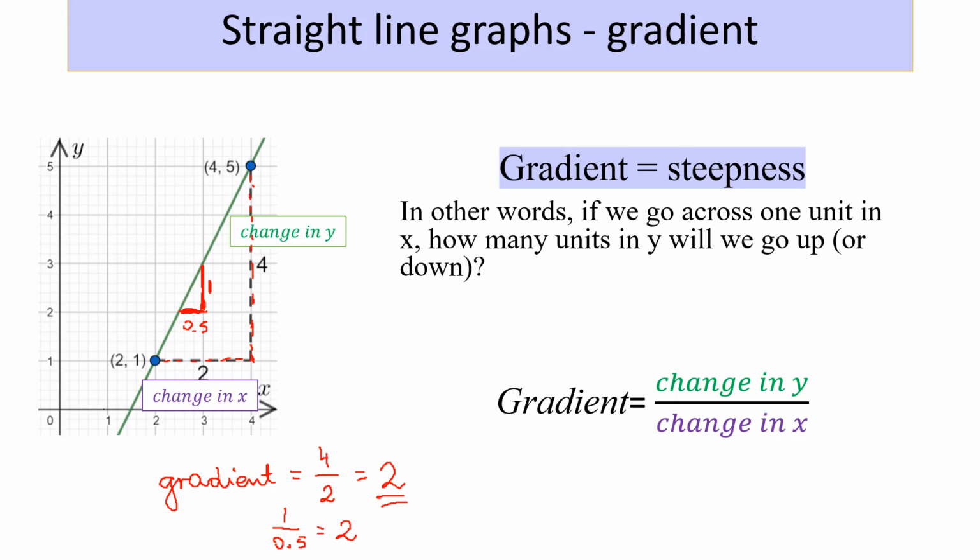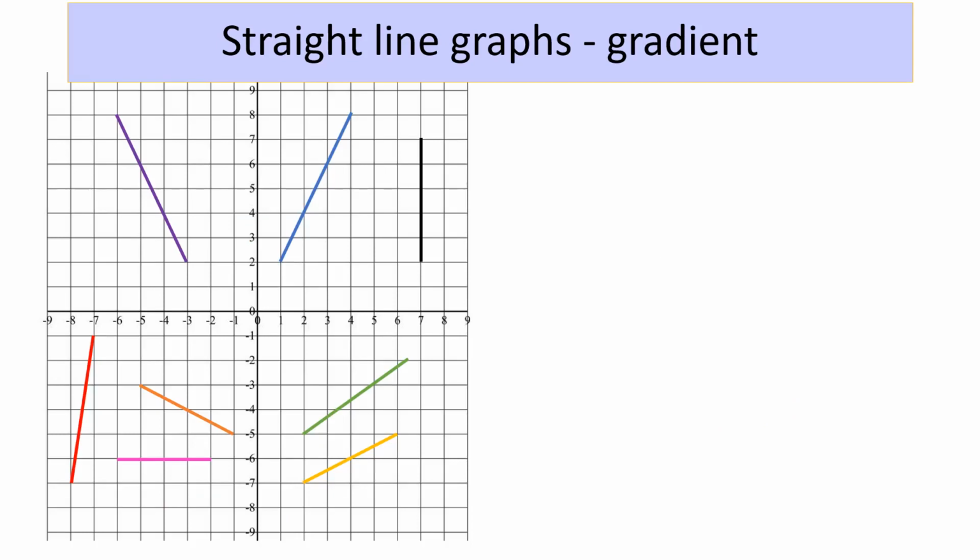Let's have a look at some specific examples. Let's start with the purple line. Again, I could draw a big triangle or a small triangle, it doesn't really matter. I'm going to do one like this. I can see on this line I go 1, 2 units across, and then 1, 2, 3, 4 down.